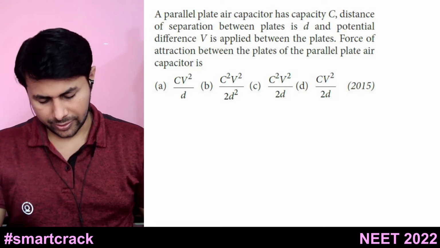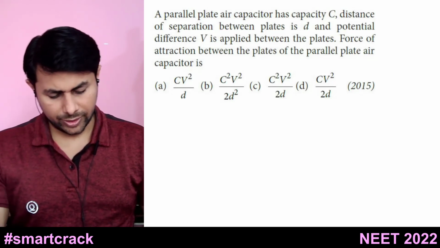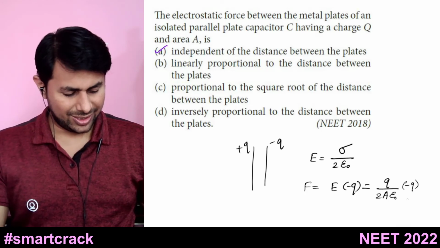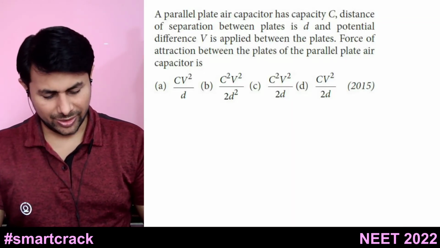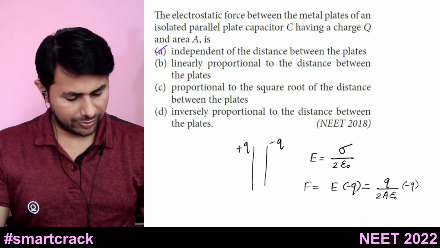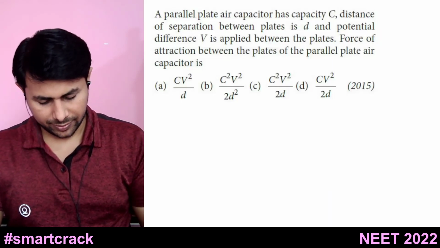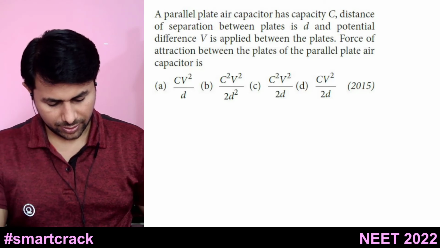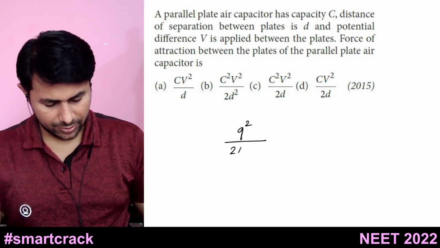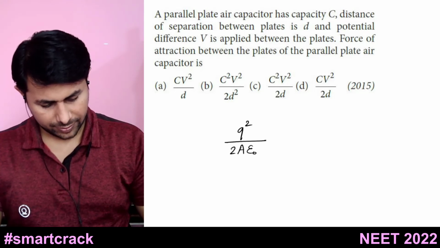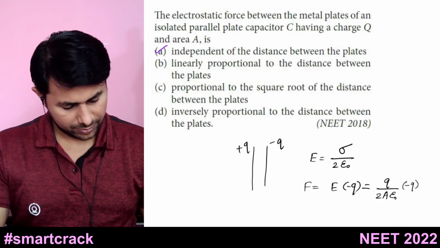Okay, so force of attraction we have found it out. We'll use that formula. It is Q square divided by 2A epsilon naught.